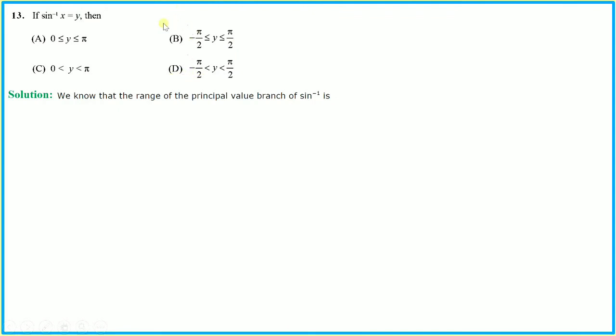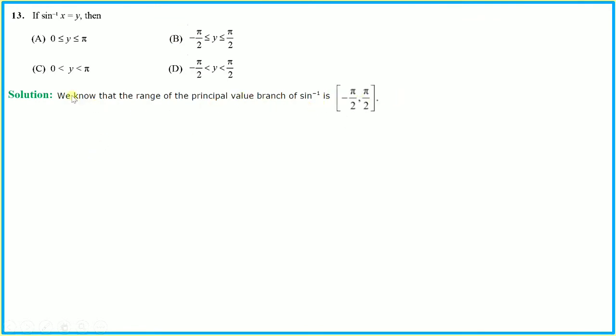You might be a little confused between B and D. In the case of sine, the value at 90 degrees is 1, so that is included. That means y is greater than or equal to minus pi by 2, the least value, and the maximum value is at pi by 2, so y is less than or equal to pi by 2. So B will be the right option. The answer of this question, you can directly write option B.